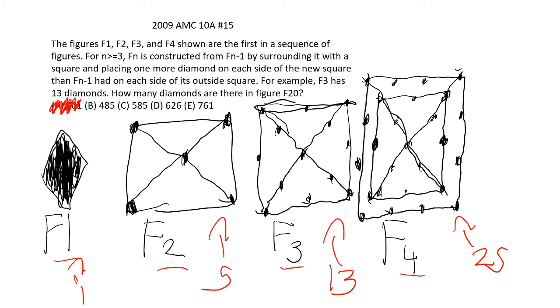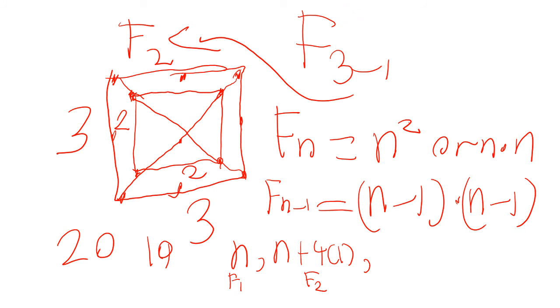Then this means that the next value will be n plus 4 times 1, and then we add to this, we're starting off, we add, what are we going to add here?